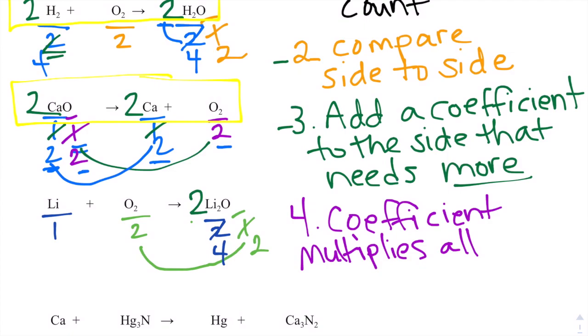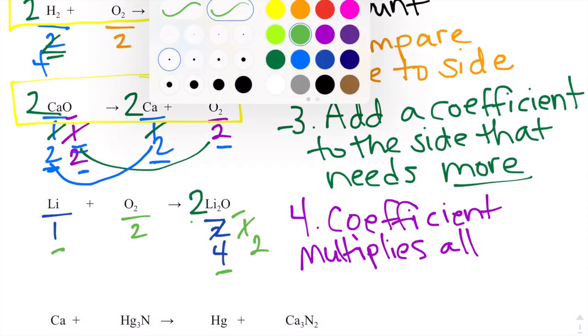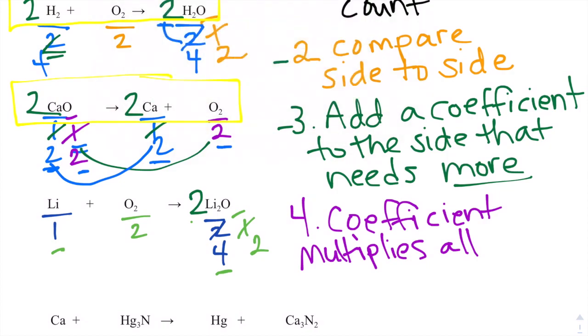Now I'm going to check because that made my O's balance, the 2 on the 2, the light green, 2, 2. But now my Li, the blue, 1 on the left and 4 on the right. And so where I need more is where I need a coefficient, since coefficient multiplies.